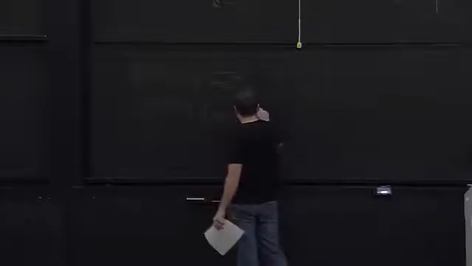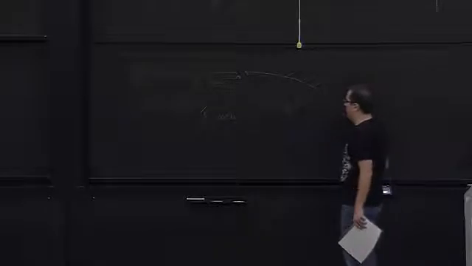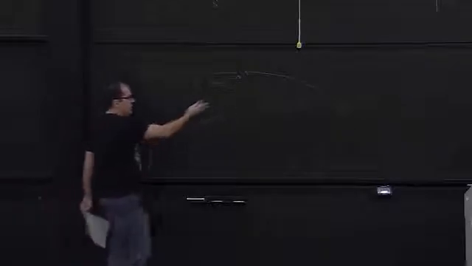According to what we wrote there, this is equal to some factors of omega, which gives me x squared to the power delta times y squared to the power delta, times the correlation function in R^D, which is this. Okay? So this predicts what the correlation function in this background is.